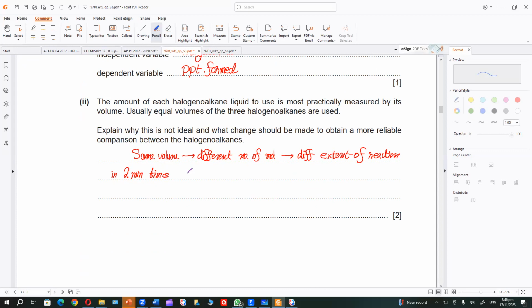No. Number of moles. For a fair comparison, you should not equate the volume. So 1 liter of chloroalkane does not contain the same number of moles as 1 liter of bromoalkane; definitely bromoalkane has a bigger mass. I should not use the same volume. I should be using the same number of moles.